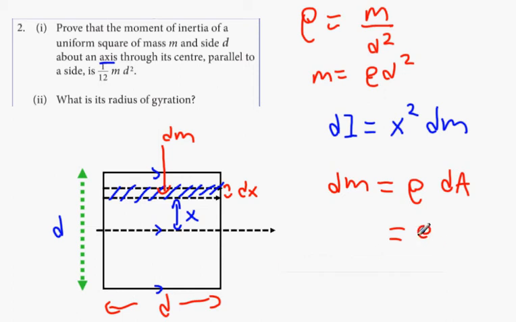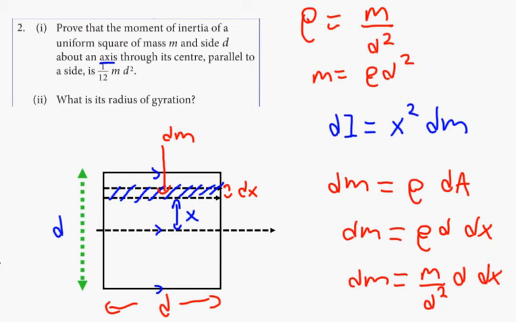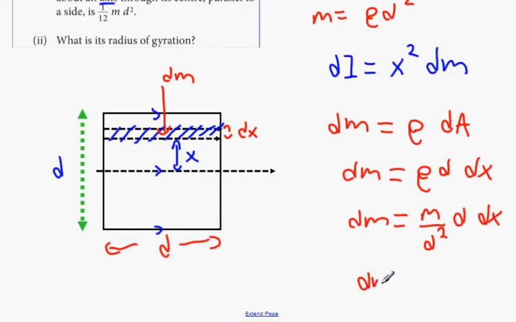So that is now rho D dx is dm. Now what we can do next is change rho into M over D squared. M over D squared times D dx is dm, and eventually what we're going to have is dm equals M over D dx.